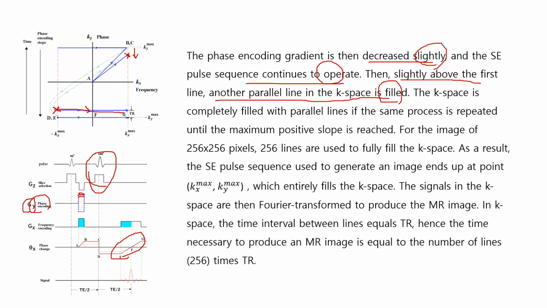The K-space is completely filled with parallel lines if the same process is repeated until the maximum positive slope is reached. Okay, this is the maximum negative slope of the phase encoding gradient.